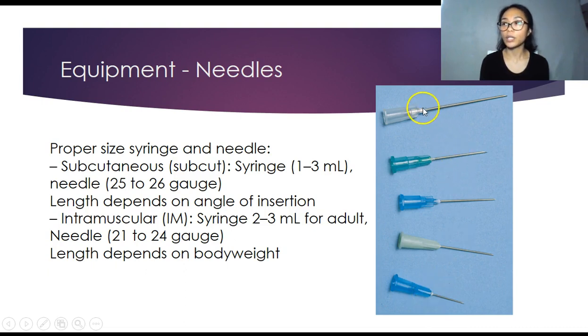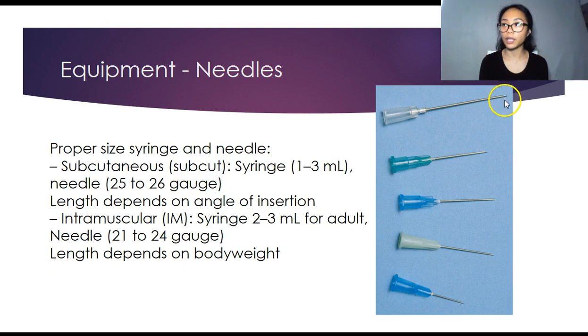So the lower the number in terms of gauge is always a wider diameter. The higher the number in gauge refers to a smaller or narrower diameter. So we're using a 25 gauge needle for a subcutaneous injection. We're using a 19 gauge needle for drawing up.